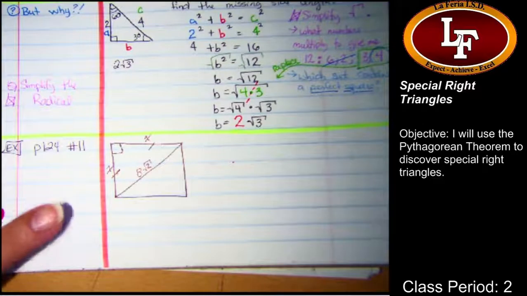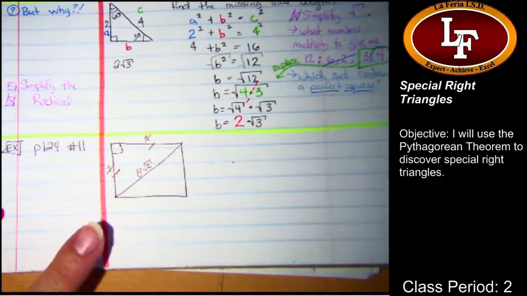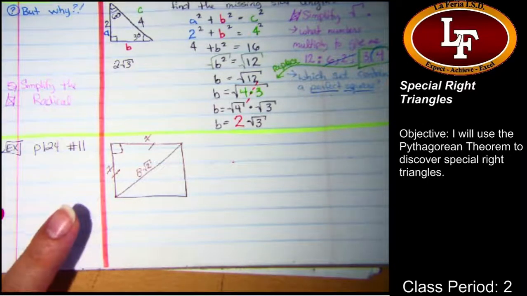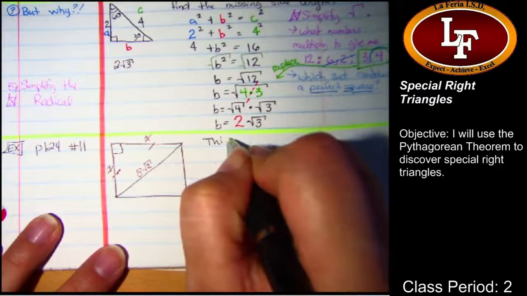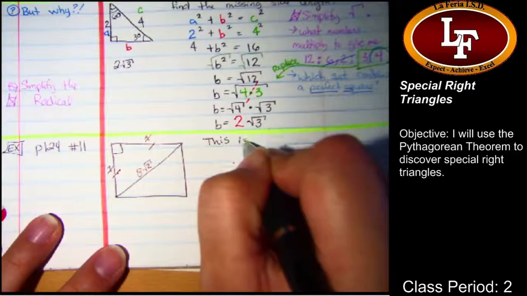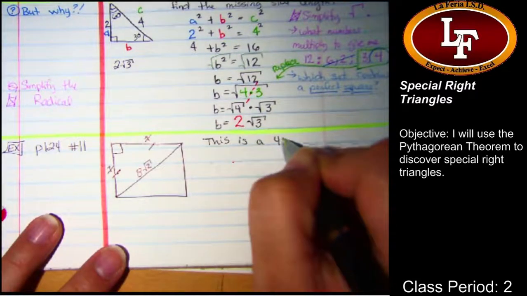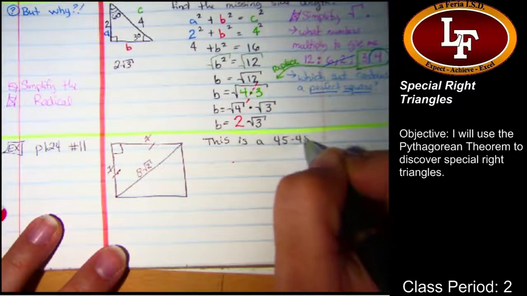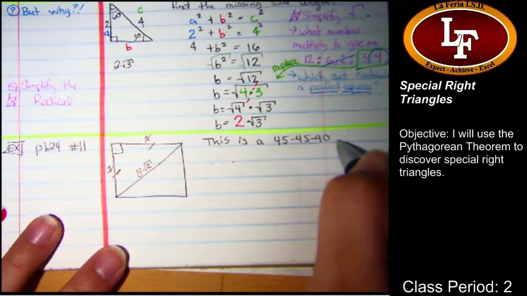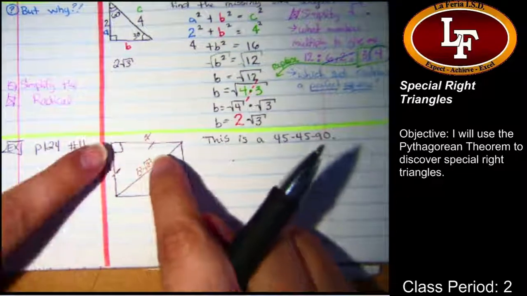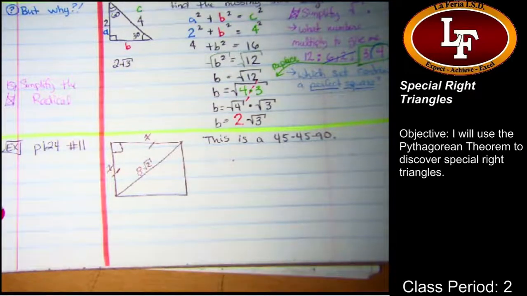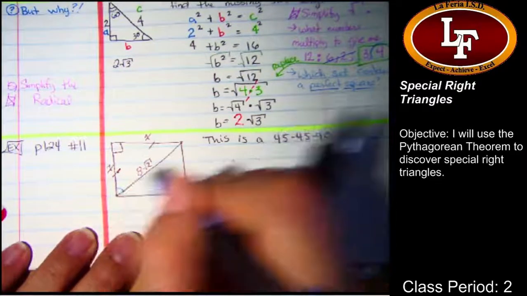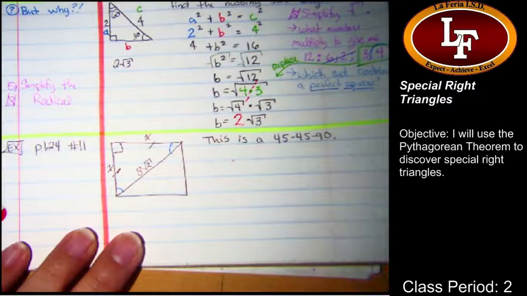Which of your two special triangles does this one look like? The 30, 60, 90 or the 45, 45, 90? You're right. This one is a 45, 45, 90 because you've got a right angle and the legs congruent to each other. That makes these two angles congruent to each other.